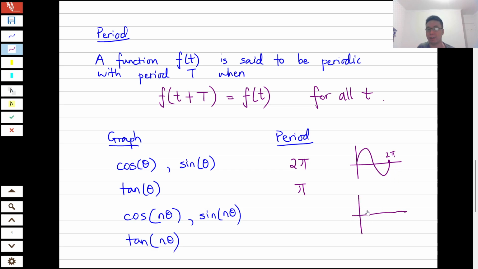If I dilate by a factor of 1 on n, now the graph is going to pass through 2 pi on n for the end of the first cycle. So that means the period has now changed to 2 pi divided by n. And similarly, if I take tan of some number n times theta, the period is going to be pi on n rather than pi.